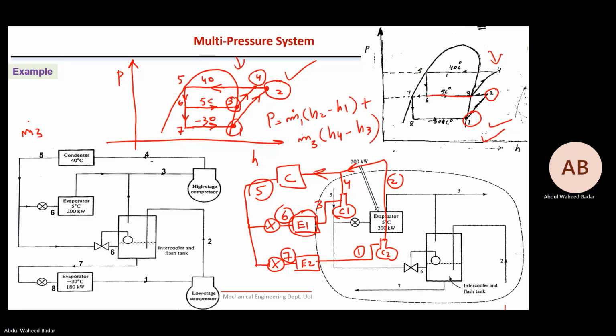So far only H2 you have to calculate again, by extending this entropy line up to the pressure corresponding to 40. Before, it was corresponding to 5. What about H5?